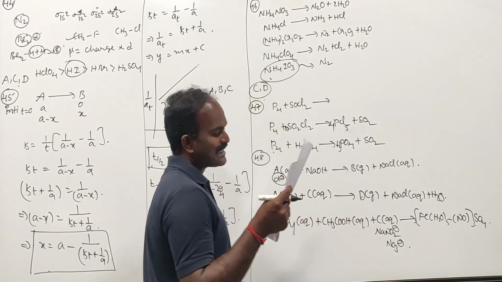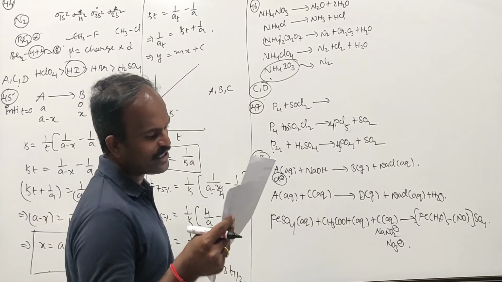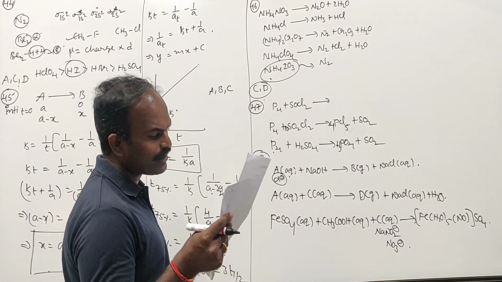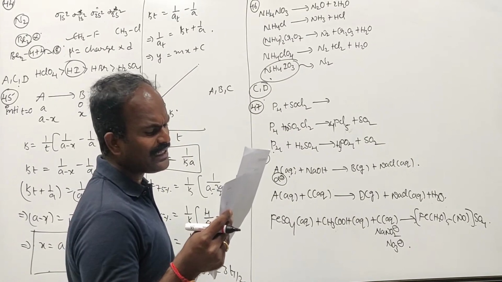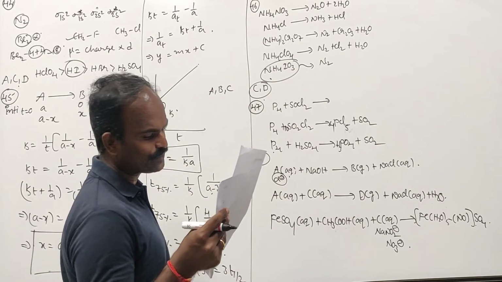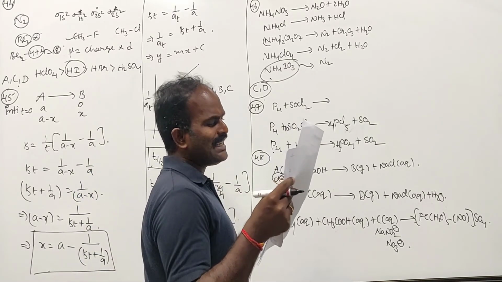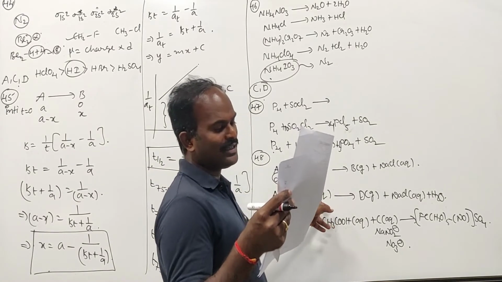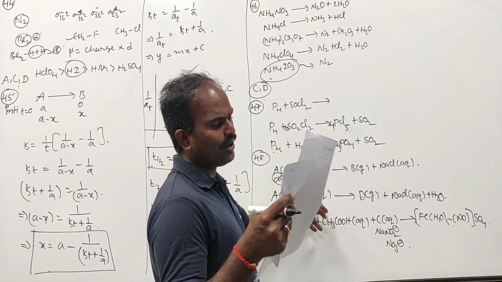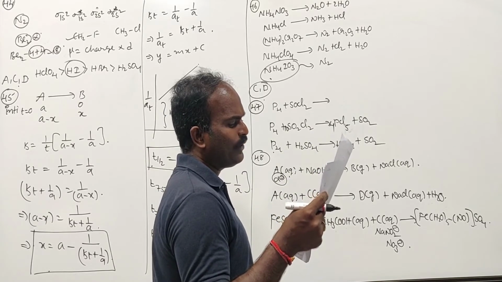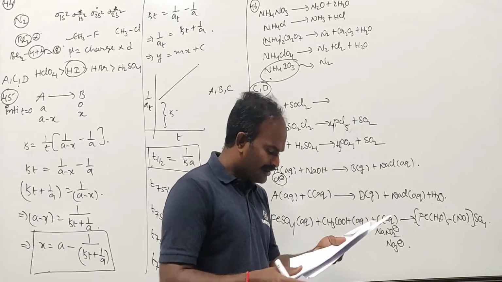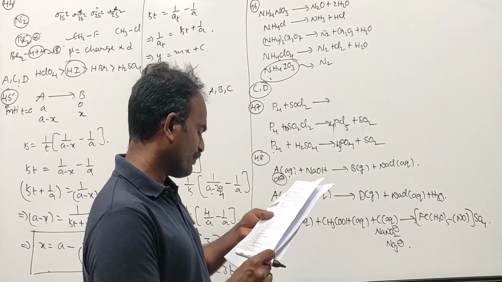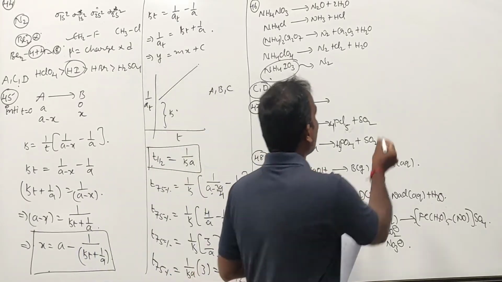A aqueous plus C aqueous, upon heating, gives D gas along with NaCl aqueous plus H2O. So now C aqueous, what is that C aqueous here? NaNO2. So what is it going to be? It is definitely going to be some halide ion. Next, question number 49.